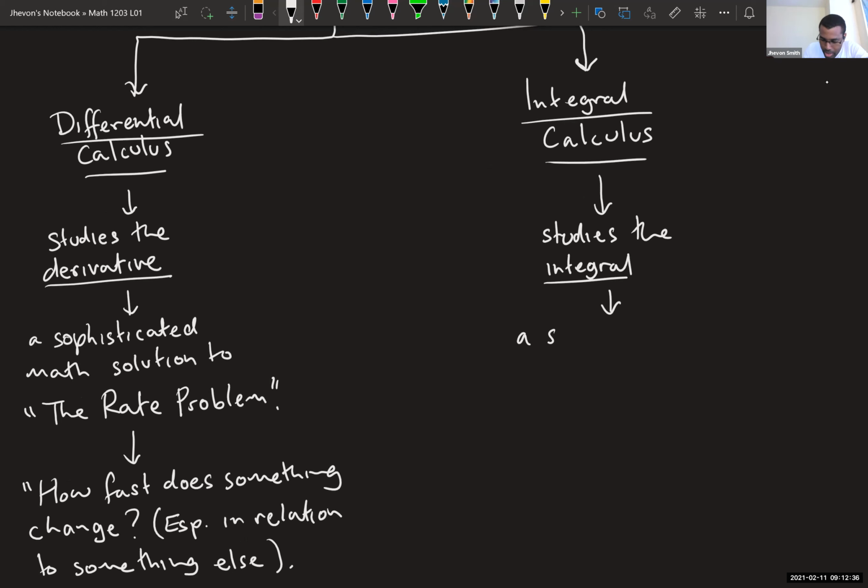And this is a sophisticated answer to another problem. Let me write it the same way. Sophisticated math solution to something that's called the area problem.